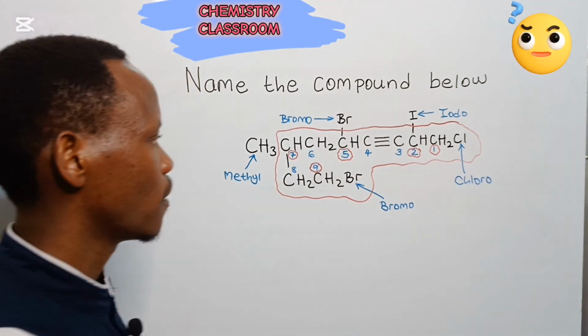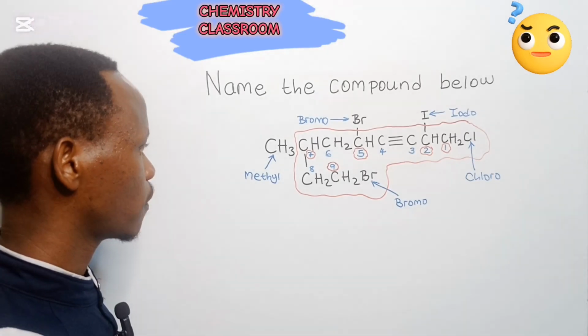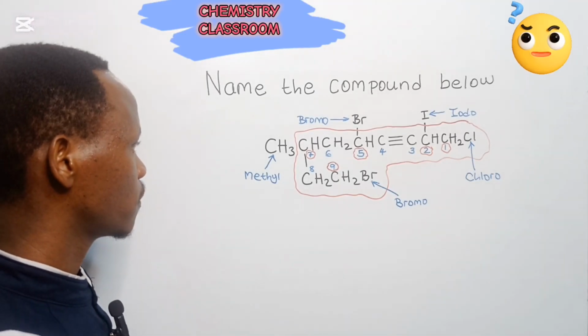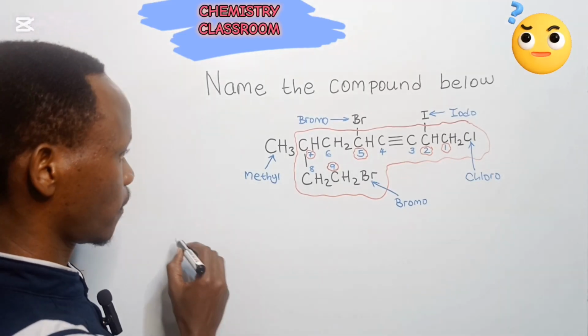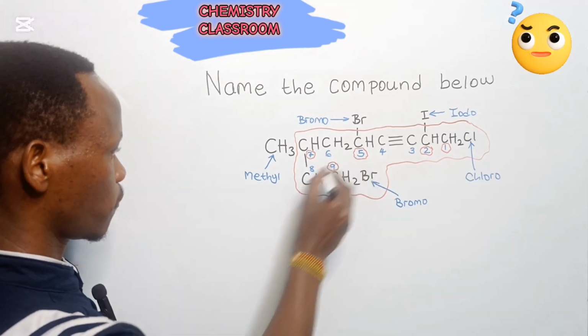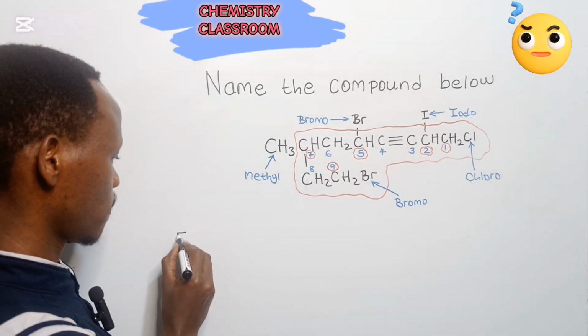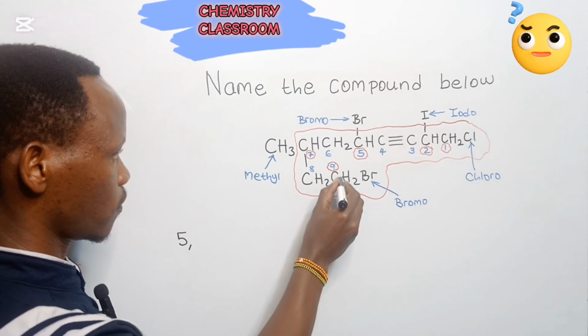chloro. At this point, we can write down the name of our compound as on position 5 and position 9.